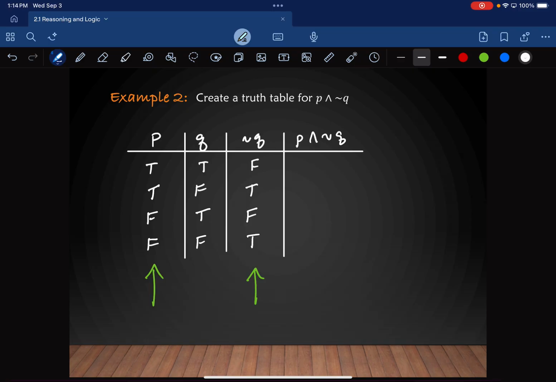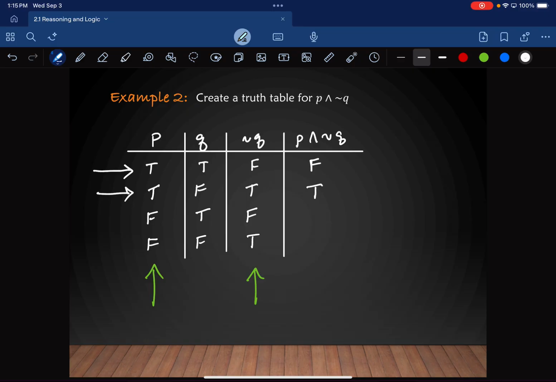So if I look at row 1 here, I've got true in my first spot and false in the second spot. What does that create? That is a false statement. Row 2, I have true in the first spot and true in the last spot. That's a true statement. And the last two are automatically false. How can you know? Real quick. Yeah, they both start out false, right?